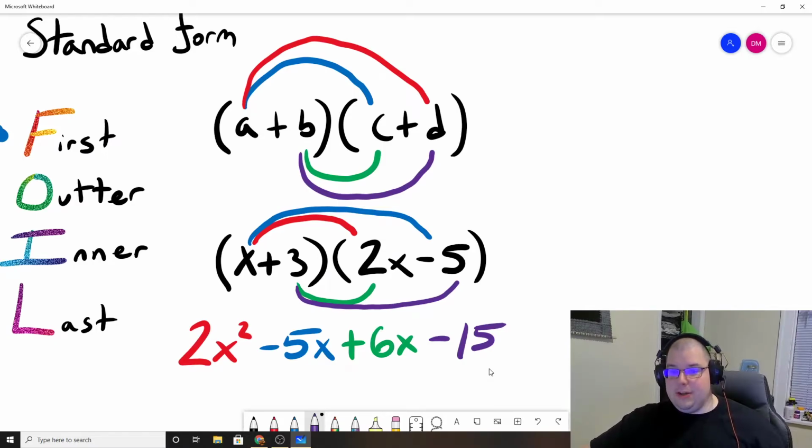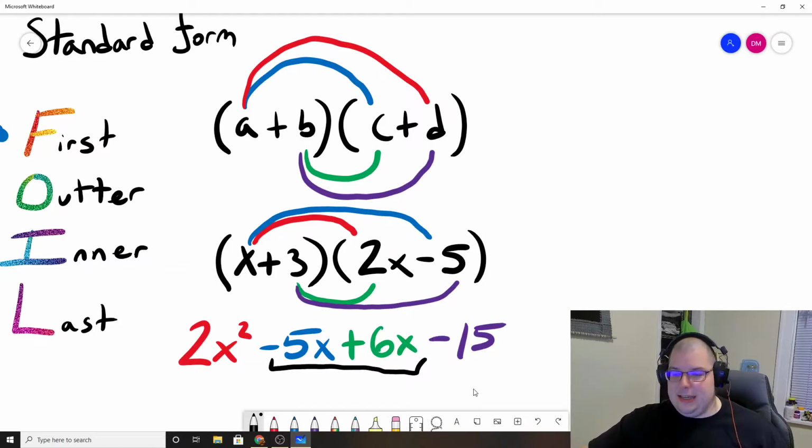We've completed FOIL. However, no matter what, at the end of completing FOIL, you always want to double check that you can combine like terms. In this case, I have two x terms that can be put together.